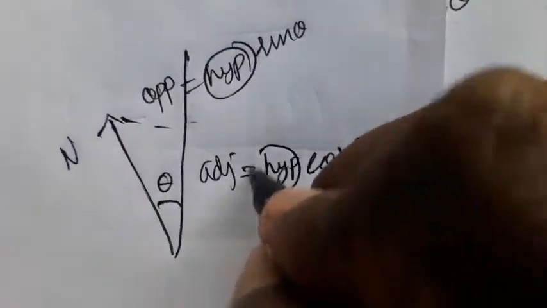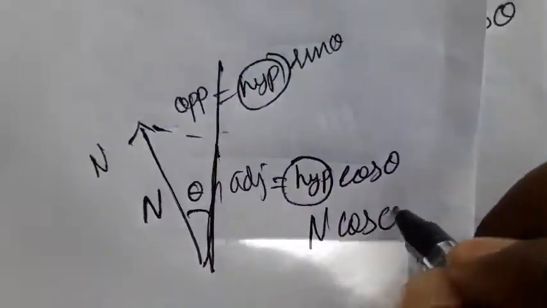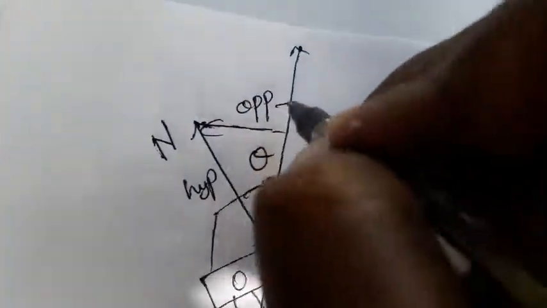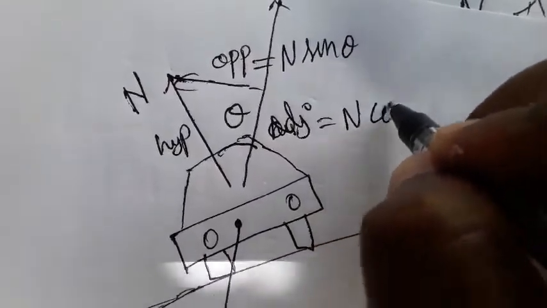Opposite is hypotenuse times sin theta, adjacent is hypotenuse times cos theta. The hypotenuse is N, so the adjacent side is N cos theta and the opposite side is N sin theta. N cos theta will be acting upwards.